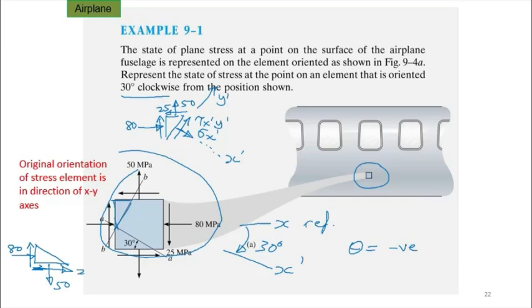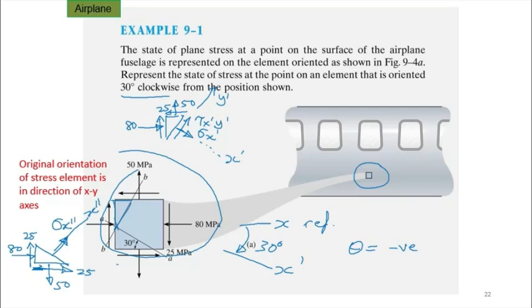So that's 25 and 25. Now in this case, if that is x, we can call this x prime, no problem. So now let's call this x2 prime, so that we don't confuse it with the first figure there. And so we have our stress sigma x2 prime.